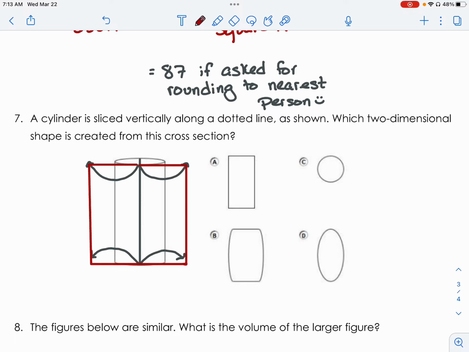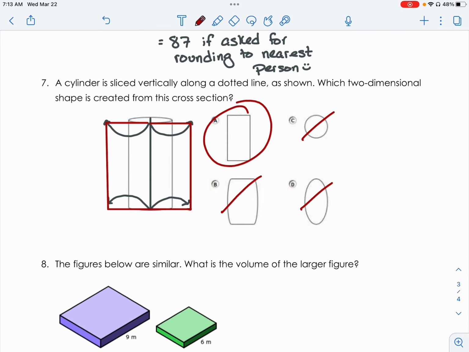So what shape does that make? Well, in this drawing it looks kind of like a square, but using our answers we have, it's not any of these rounded shapes, it's only this rectangular quadrilateral shape. So think about opening a book when you are slicing things vertically.